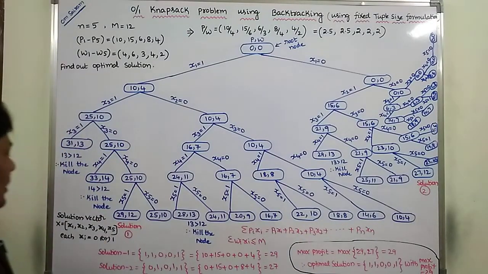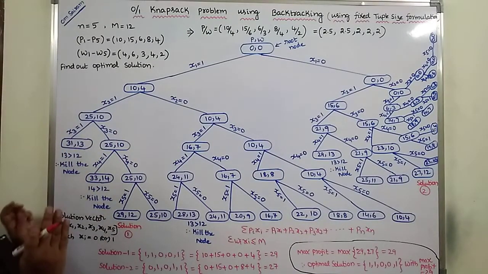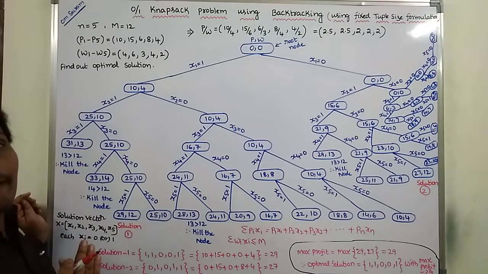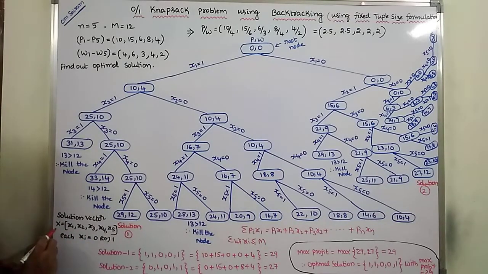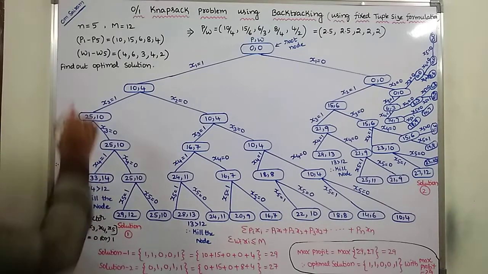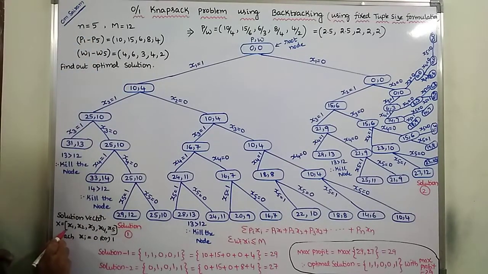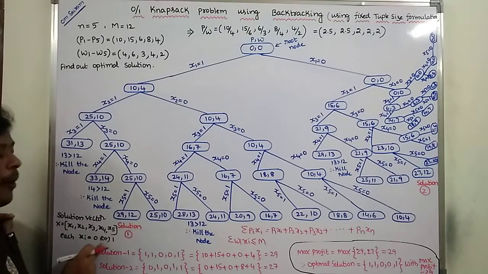Next, the solution vector for the 0/1 knapsack problem can be denoted by X. X is equal to x1, x2, x3, x4, x5 because n is equal to 5. Each xi can take either of two values, 0 or 1.